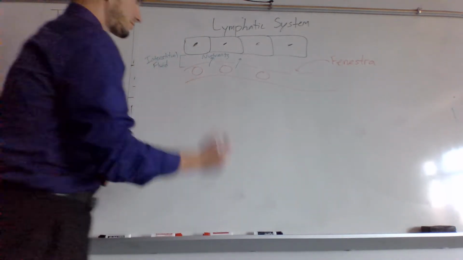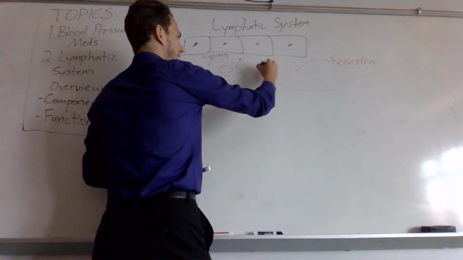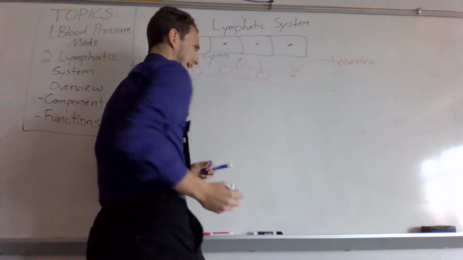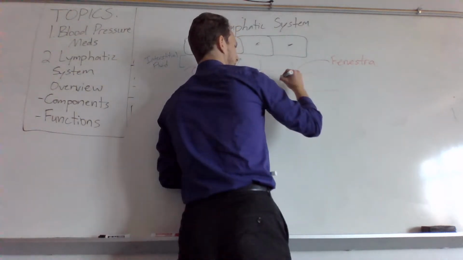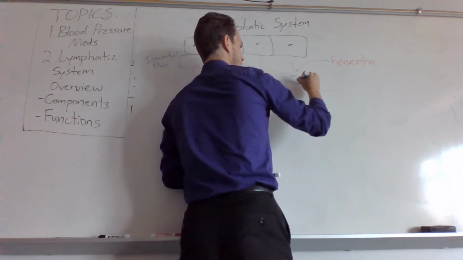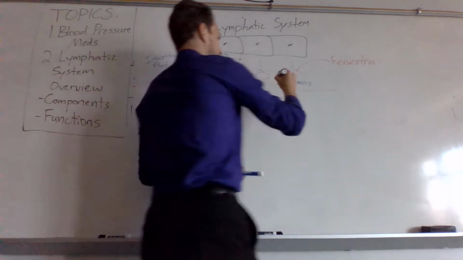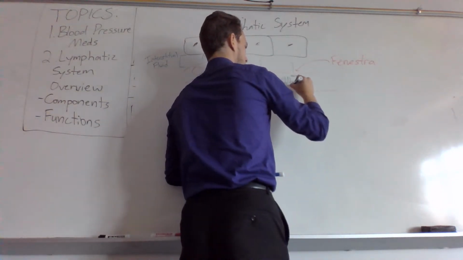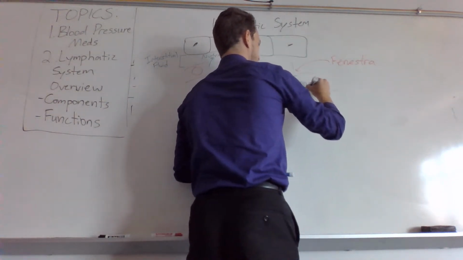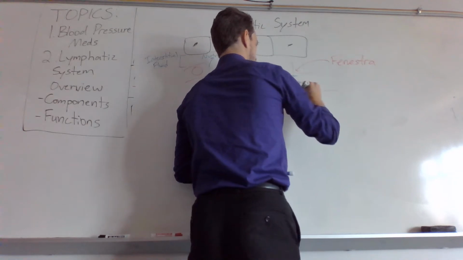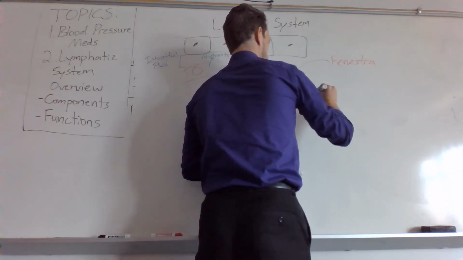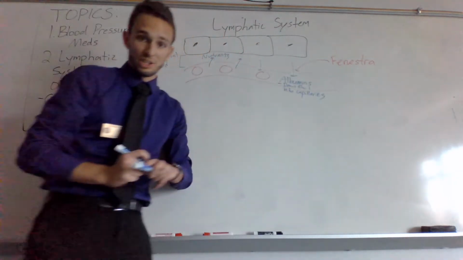Most of the time, it will be pumped back into the blood capillaries because there are albumins and globulins, these big proteins that draw water back in, so that draws fluid back into the capillaries to go into our circulation.